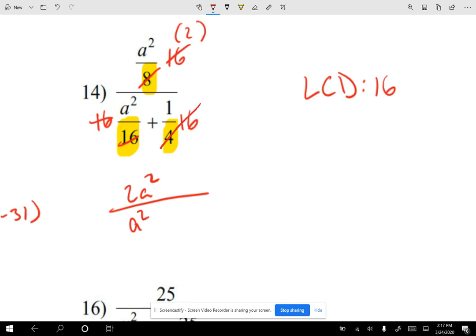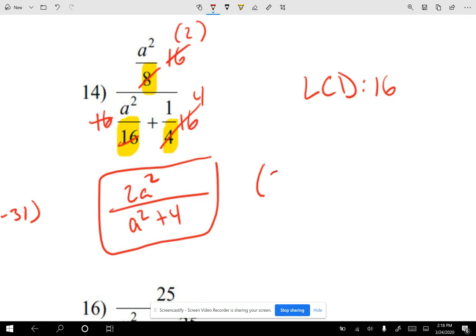Now my second fraction, 16 divided by 4, that's 4. Multiply with the top, I get that. So my answer is 2a squared over a squared plus 4. The way I will type this: 2a to the second power over a to the second plus 4.